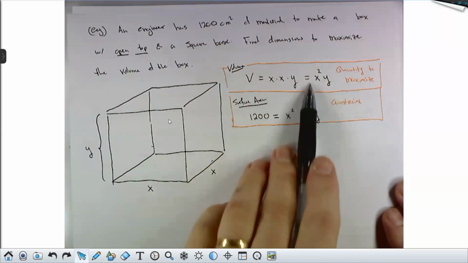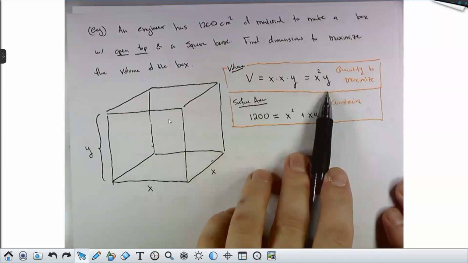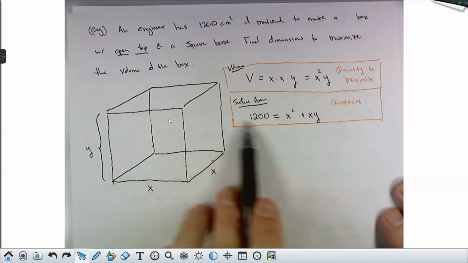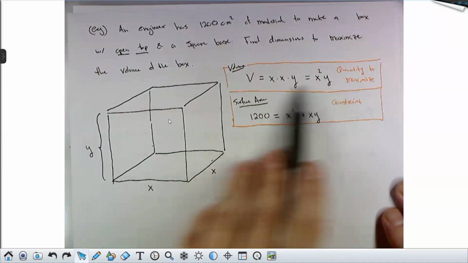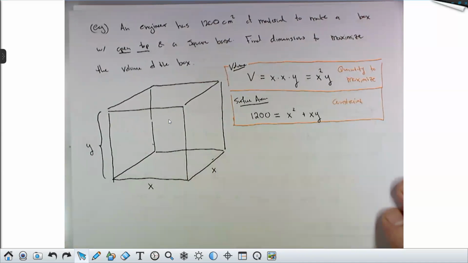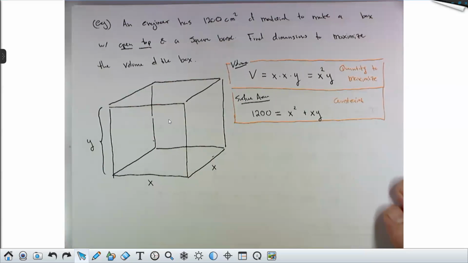Again, the thing I want to maximize is a function of two different variables. So in order to make this happen, I need to first solve this for one of my variables, plug that back in here, and get myself a function of a single variable so that I can differentiate, find mins and maxes. It is sometimes possible to use implicit differentiation here, but I really don't recommend it.